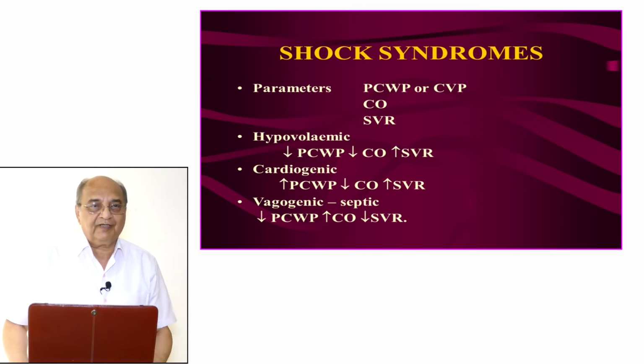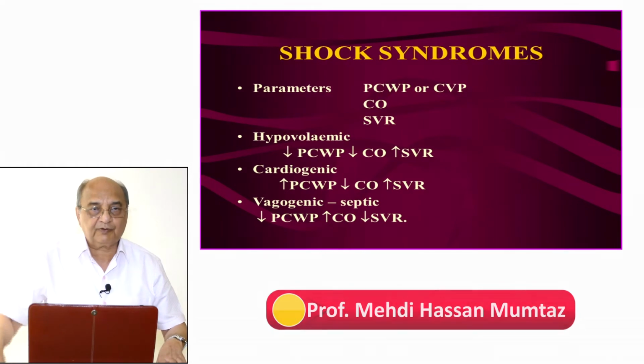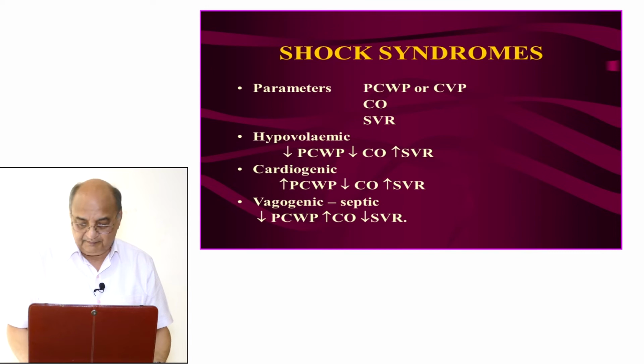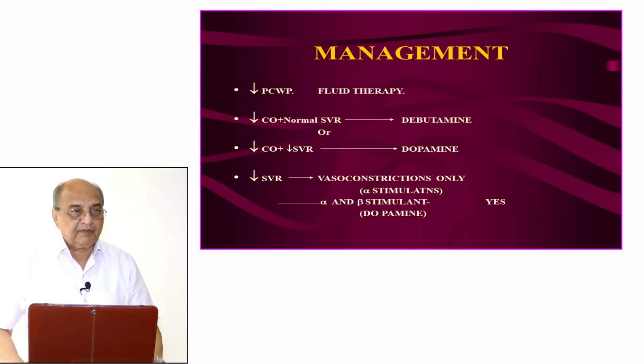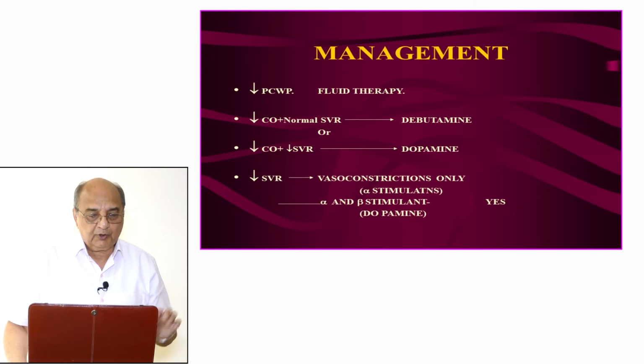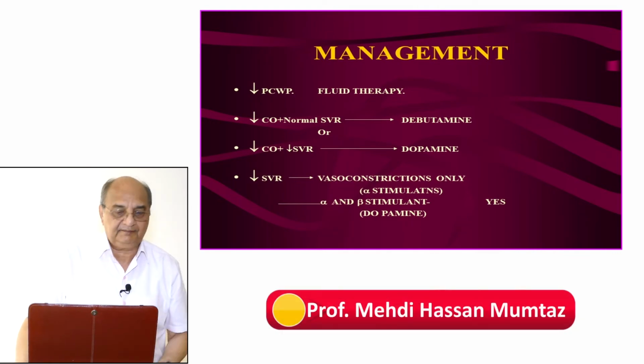If it is vasogenic or septic, pulmonary capillary wedge pressure should be low, cardiac output will be increased, but systemic vascular resistance will be reduced also. Accordingly, you take the step. If the pulmonary capillary wedge pressure is low, you give them fluid, right? That is the first thing. If the cardiac output is low plus normal SVR, you use dobutamine.